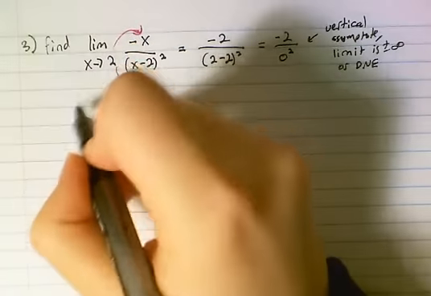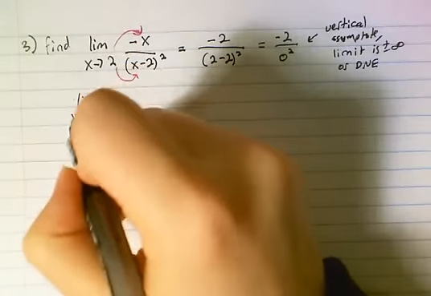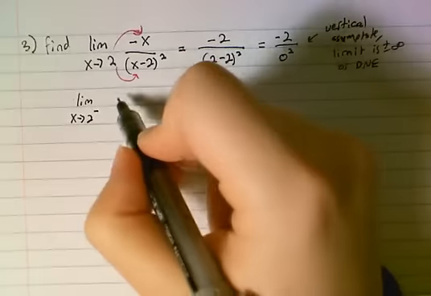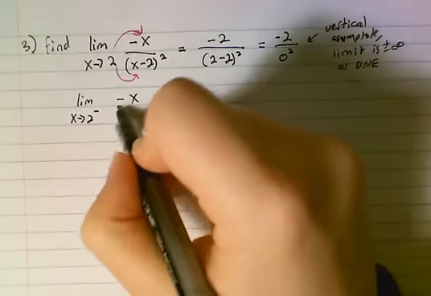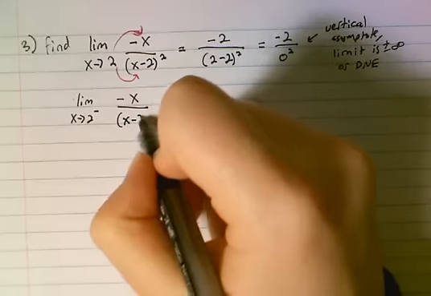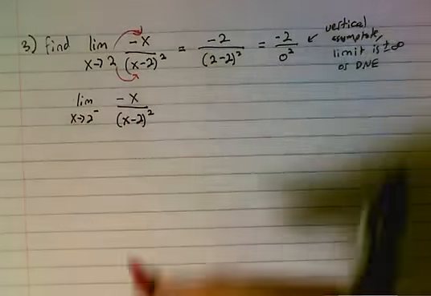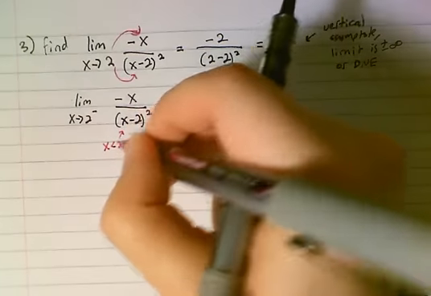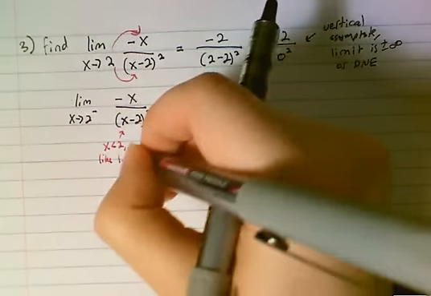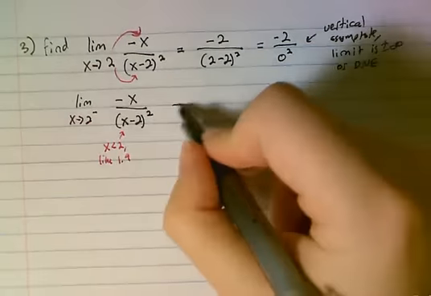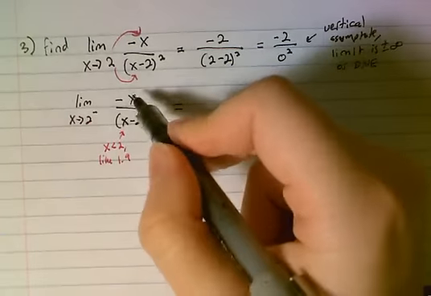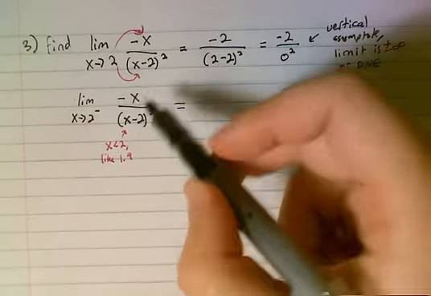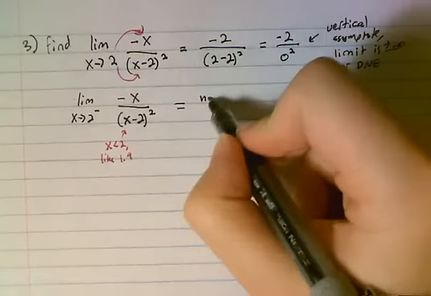So to figure out the overall limit, we do the limit as x approaches 2 from the left. We're approaching from the left, so that means that x is slightly less than 2, such as 1.9. And when we do that, we put the 1.9 in for both of the x's. Negative 1.9 is going to be a negative.